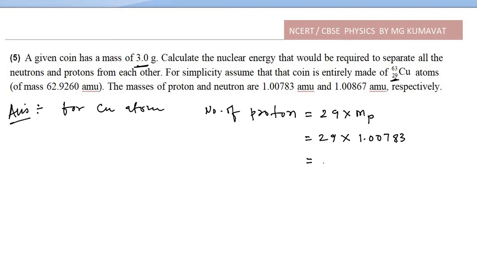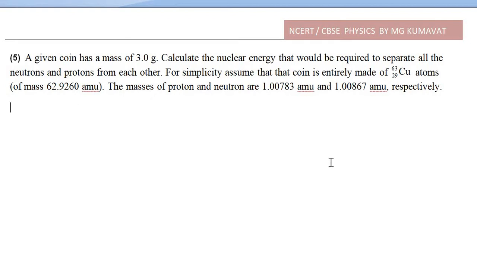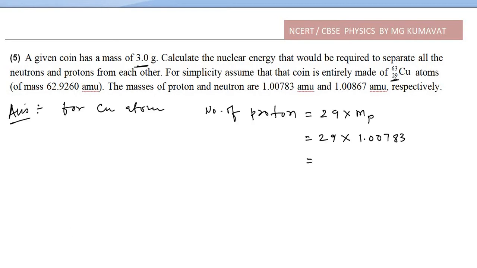After multiplying we get 29.22770 AMU. Similarly, the number of neutrons will be equal to atomic mass minus atomic number.